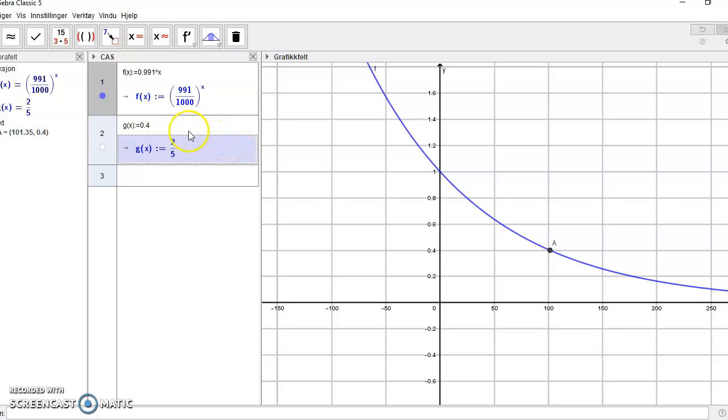And our probability level, 0.4, is just a number, so that's going to be a straight line, a horizontal line. And then we could find an intersection point between these two graphs. And that intersection point is going to be 101.35. We can do the same thing on the Casio, and that's really what is most relevant to you.